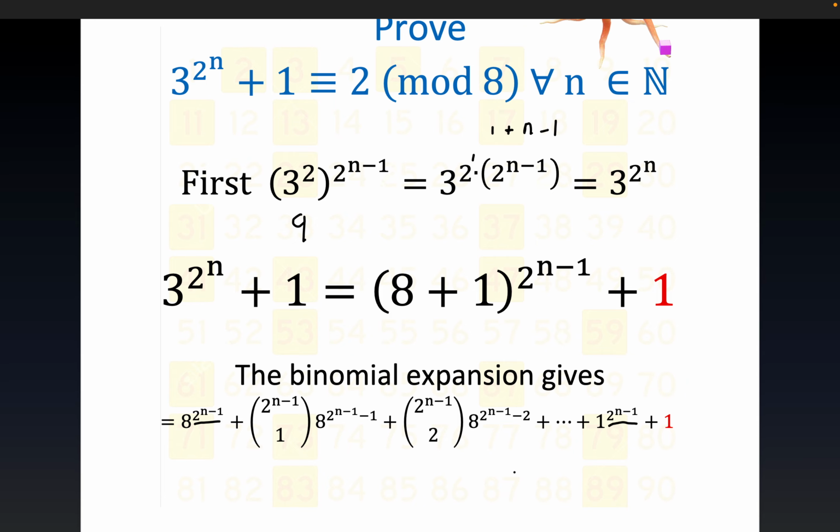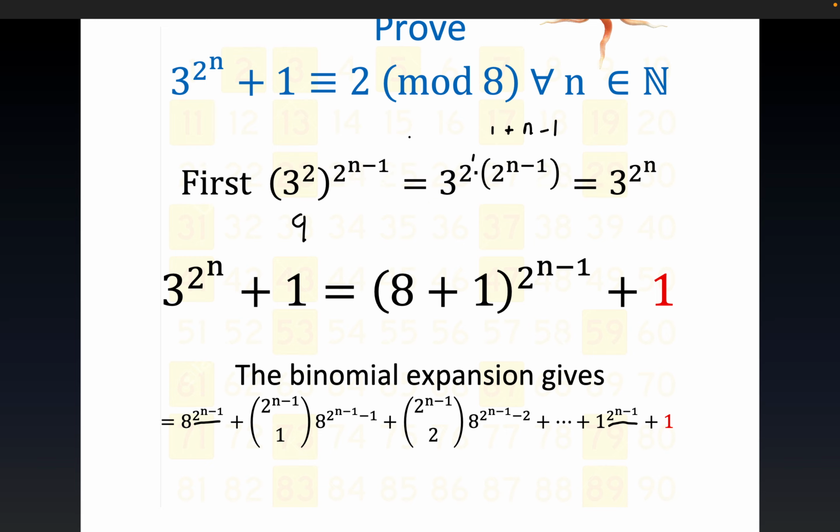Okay. Now, what is crucial to notice right here is that I could have gotten by without writing the binomial coefficient, because you can see you have a power of 8 everywhere except at the very end here.